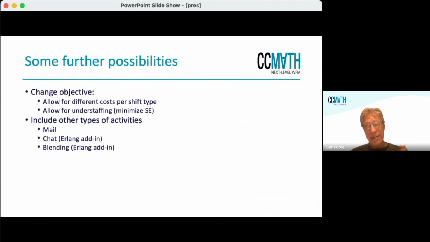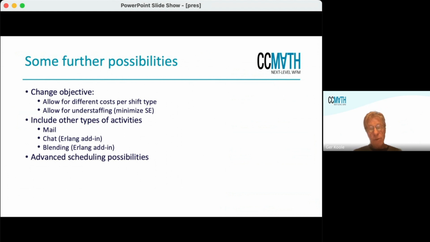So then you can say, okay, I have enough agents to do my inbound, and then thanks to the blending, you can see if altogether they also do enough emails. And that all can be included in an Excel sheet, as I just showed to you.